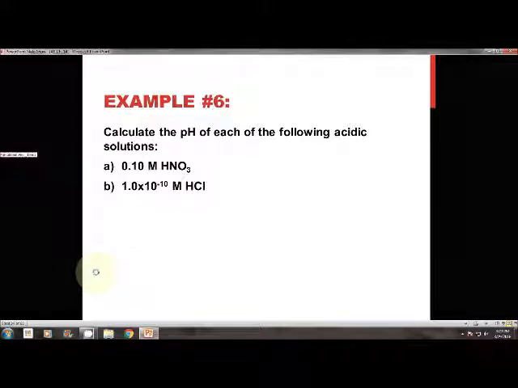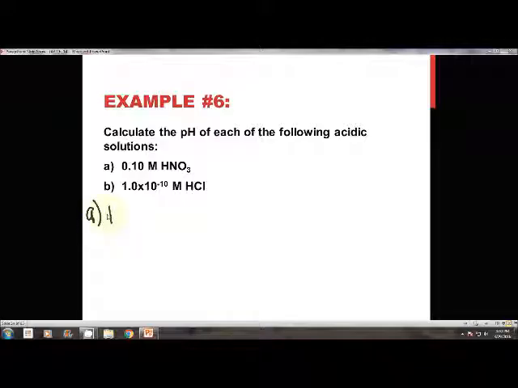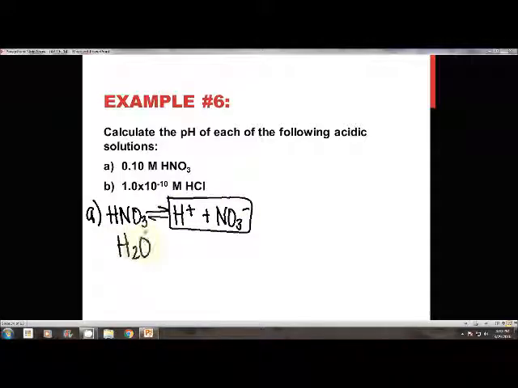So for A, we want to calculate the pH. We're just given a whole entire compound, right? And these are both strong acids. So for A, if we have our strong acid, nitric acid, the HNO3, dissociate, that's going to break up into H plus and the nitrate ion. It's going to contain these 2 things, and it's also going to contain the water, because the water is not going to break up.